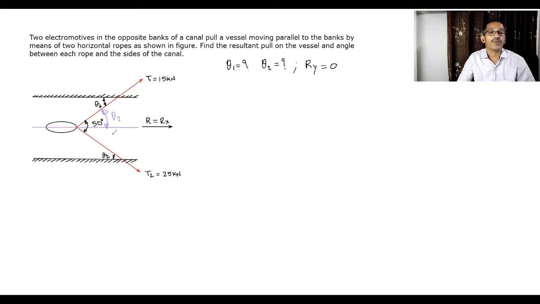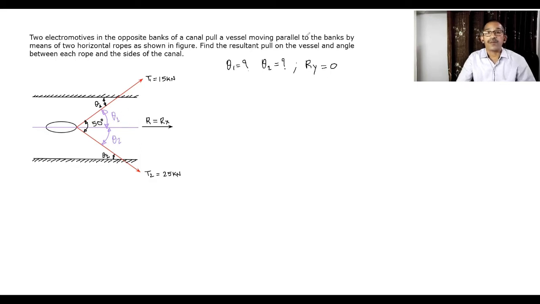The inclination of T2 with the horizontal, I will represent on this side. This is theta 2. And on this other side it is theta 2. These angles, theta 1 and theta 2, are given in the problem.